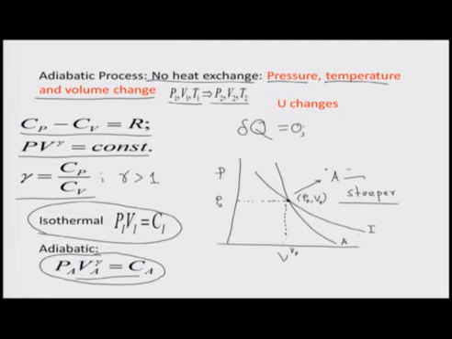Let me give you a very quick proof of this. Please remember this picture in your mind. Okay? So, isothermal process. In isothermal process, I have Pi Vi is equal to Ci, whereas in the adiabatic process, I have Pa Va raised to the power gamma is equal to Ca.